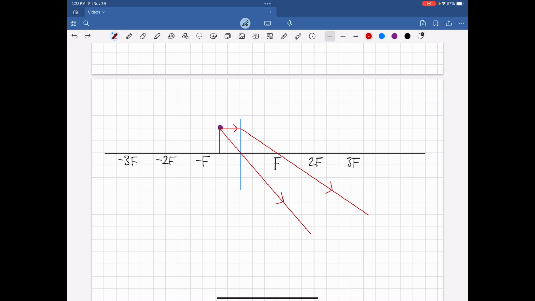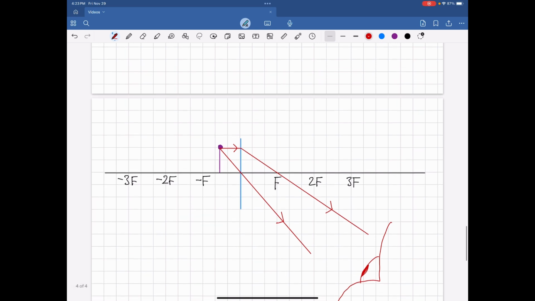Well, this is where we have to have a leap of imagination here. We have to imagine that there is somebody over here watching it. That's an eye. Somebody is watching it here. Now, the human brain believes that light travels in a straight line, and so it will follow these rays back to an imaginary point.